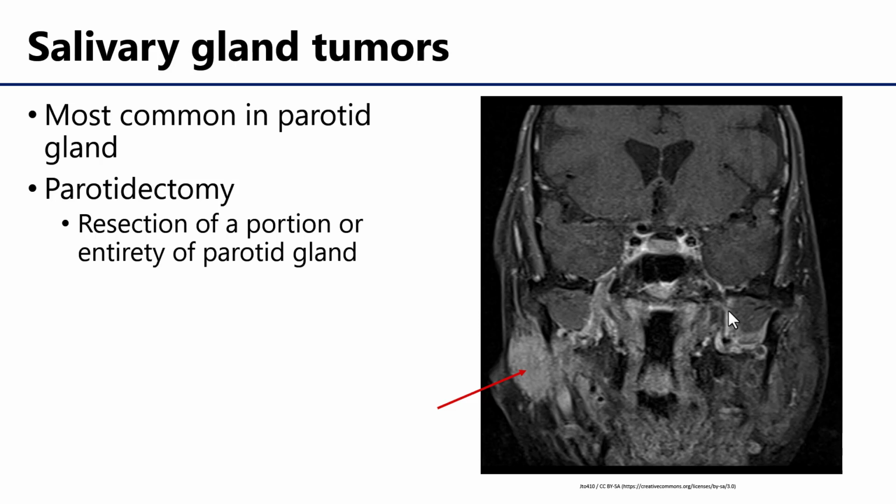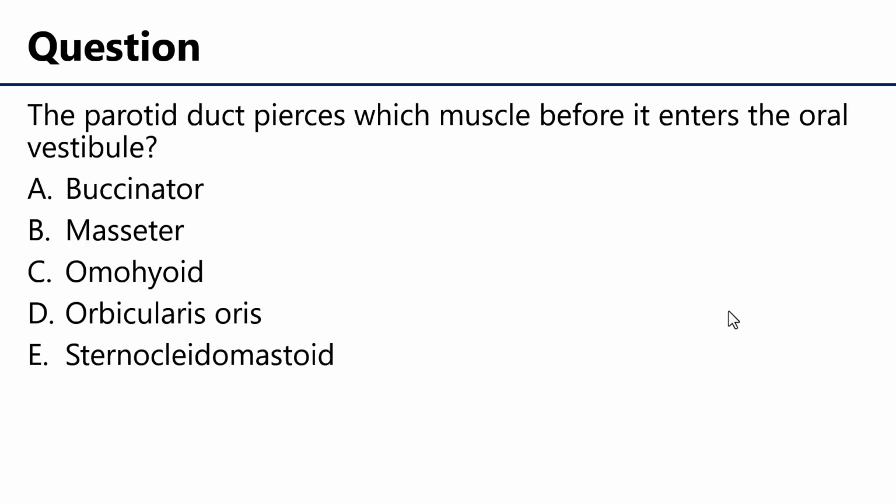And when this is done, one wants to be very cautious to not interrupt any of the contents of the gland, notably the facial nerve branches, because that will affect facial expression on one side of the face, and certainly not external carotid artery or its branches, because that would cause quite a hemorrhage.